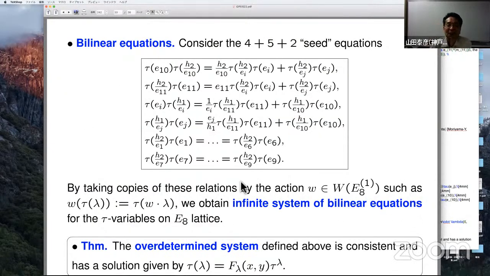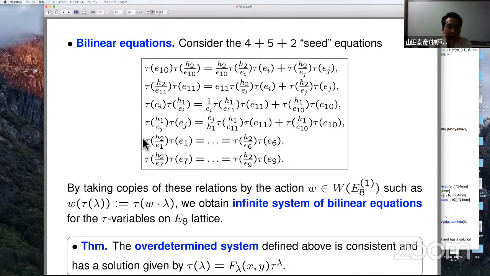Okay. So finally, I will comment on the bilinear realization of the quantum Painlevé equation of type E8. So consider this seed equation. Here are four bilinear three-term relations, and five and two constraint equations.